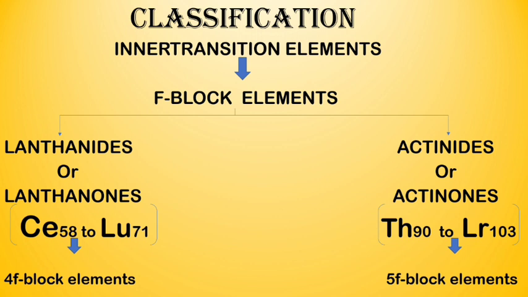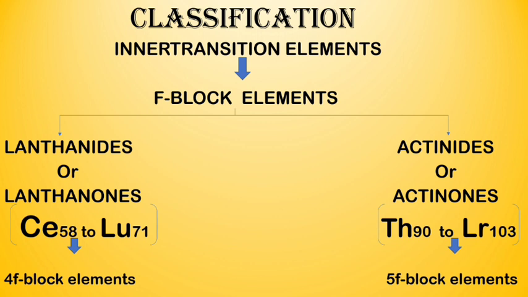The 14 elements from cerium to lutetium are the members of the series called lanthanides. These elements are called lanthanides since they are placed after lanthanum in group 3 and period 6 of the periodic table and show some close similarities with lanthanum.